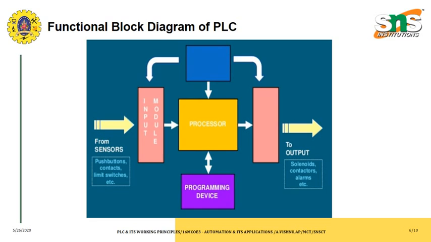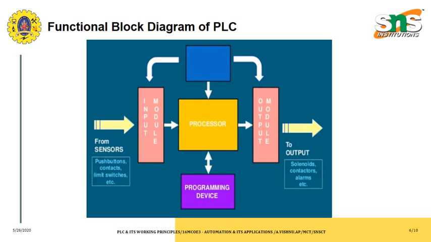In this programming device memory, the programmer has to program his automation logic, and the programmed logic is stored in this memory. While processing the input, the processor alters the output based on the program which is programmed by the programmer.